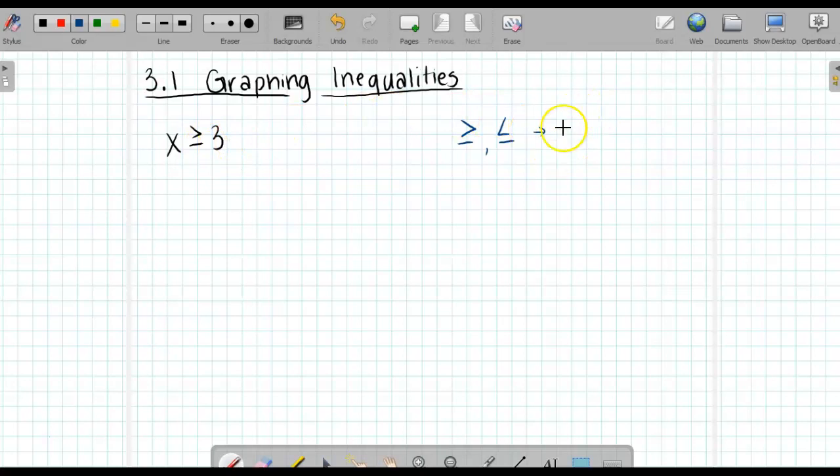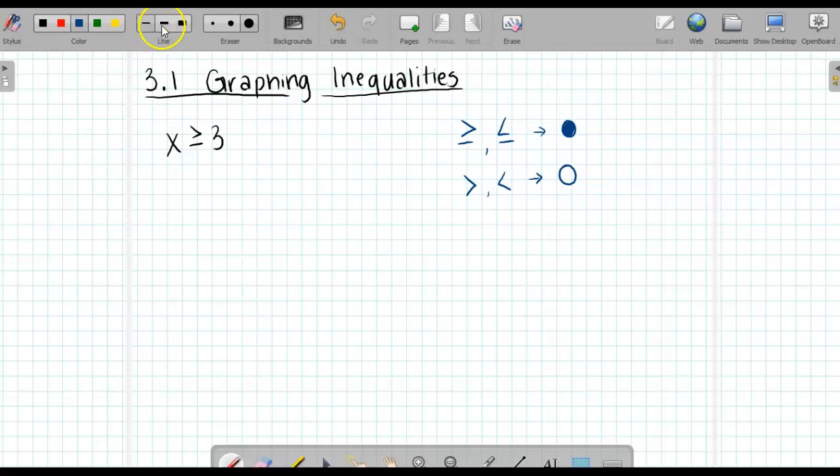So whenever we're graphing, if we have an or equal to sign with our greater than or less than, then we are going to use a dot that has been colored in. Okay? If we have a greater than or a less than sign without the or equal to, then that does not include that value. So we would use an open circle, one that's not colored in.